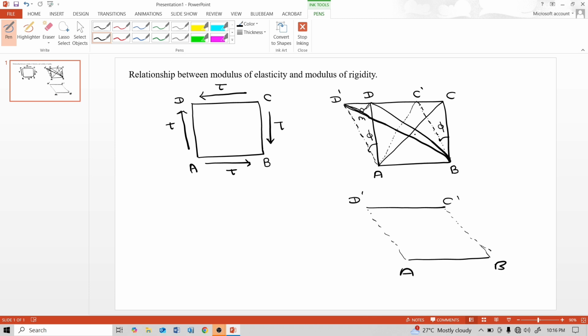Change in length is BD1 minus BD. See this BD1, that means this BD dash, BD dash minus BD.